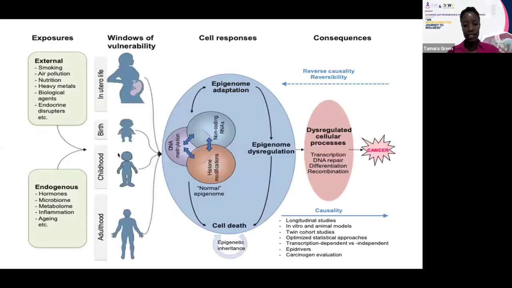And so this is just an image sort of summarizing what I just said. There are exposures, whether external to the mother or internal to the mother throughout the life course. And these epigenetically cause non-communicable disorders such as cancer.